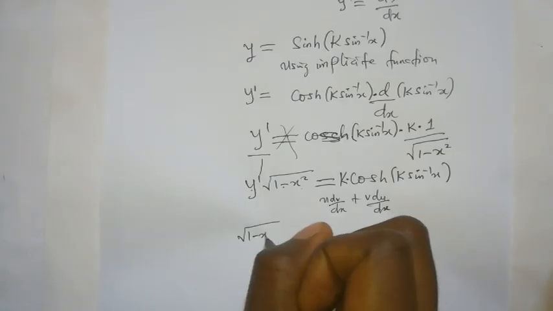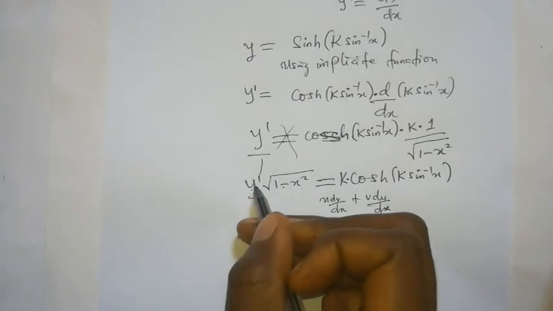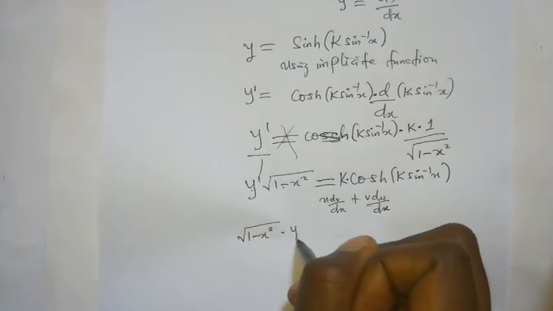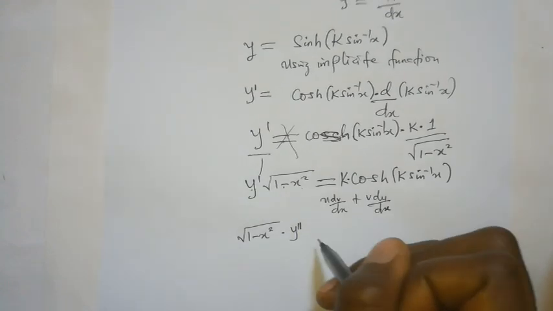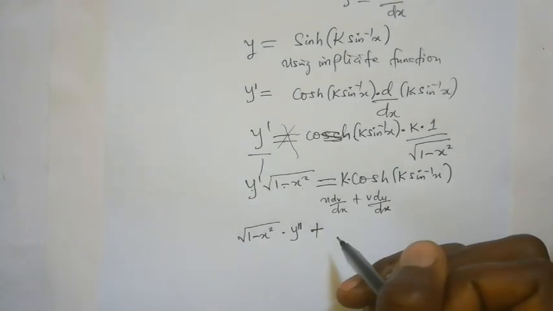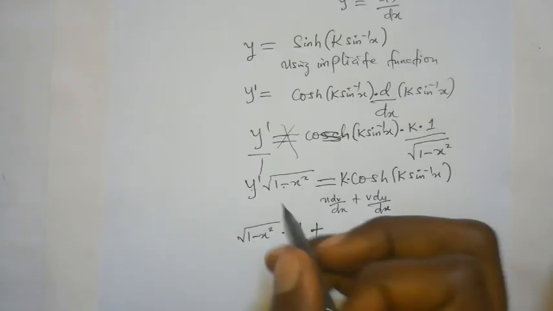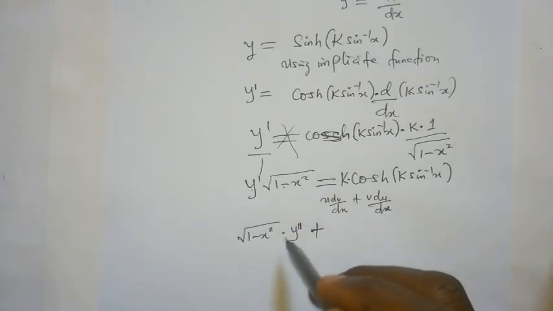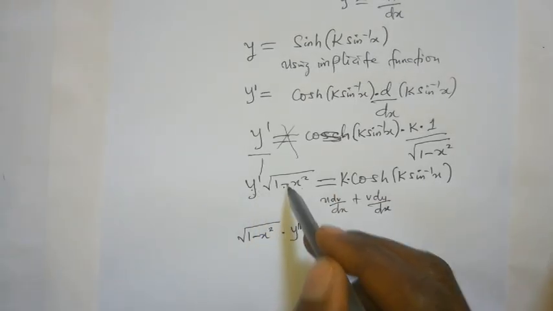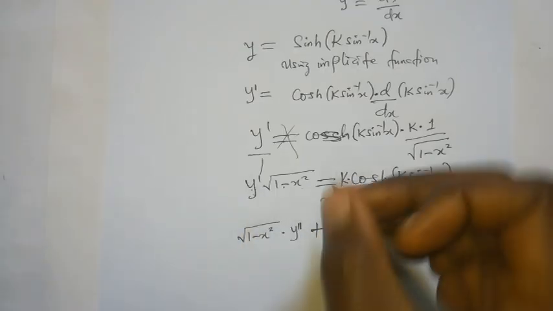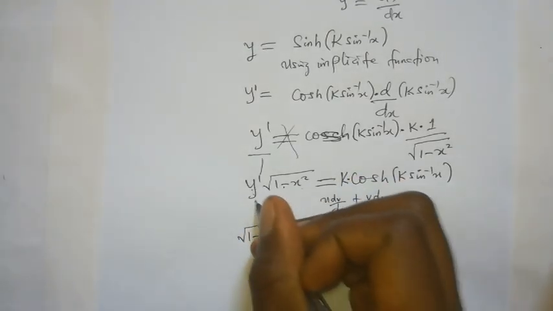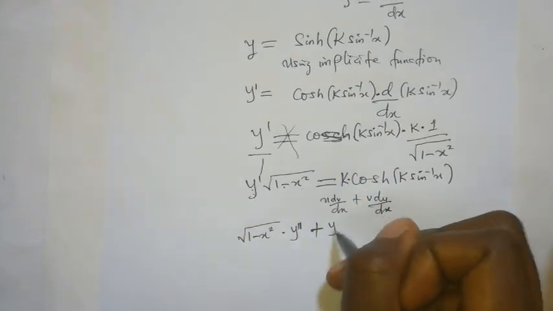It's going to become 1 minus x squared, dot, so the differential of this is going to give us the second derivative, plus, I'm going to keep this, then differentiate this.